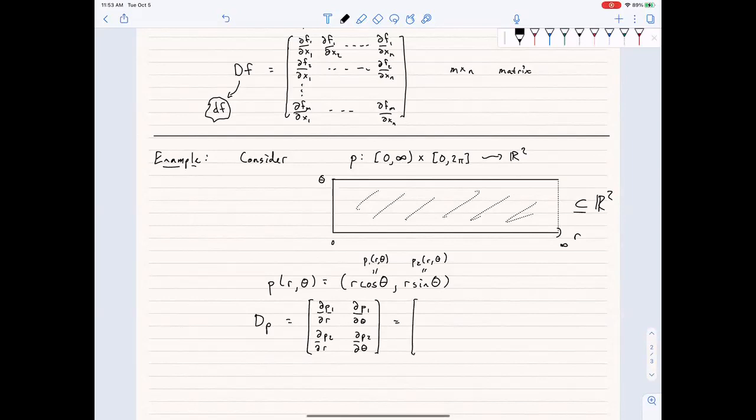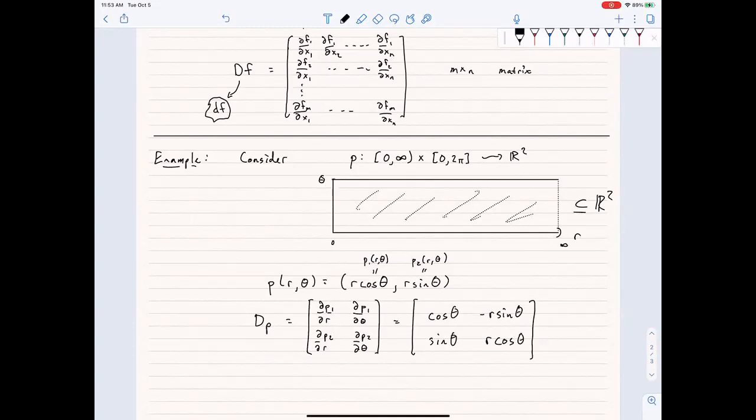The partial of P1 with respect to R is just cosine theta. The partial of P1 with respect to theta is going to be negative R sine theta. And the partial of P2 with respect to R is going to be sine theta, while the partial of P2 with respect to theta is going to be R cosine theta.